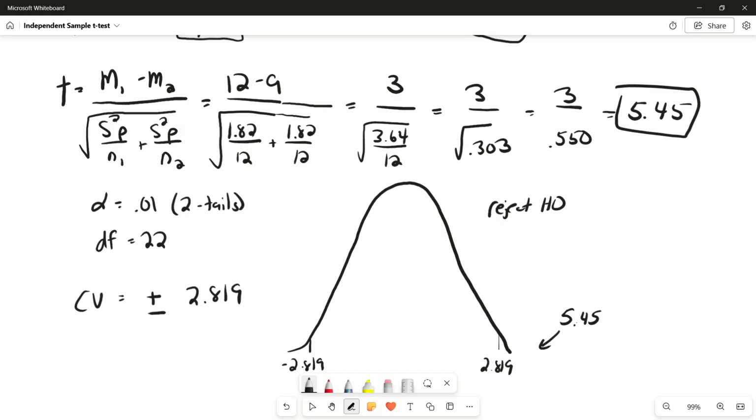We conclude that sleep changed memory, because we're looking at a non-directional test. Sleep changes memory, and the way it changes memory is by increasing it. But since we tested the original hypothesis that sleep affects memory, we have to draw a more limited conclusion: sleep affects memory in the affirmative. Then we can look at our data and say, yes, sleep increased the number of objects that the participants got correct in this delayed memory test.